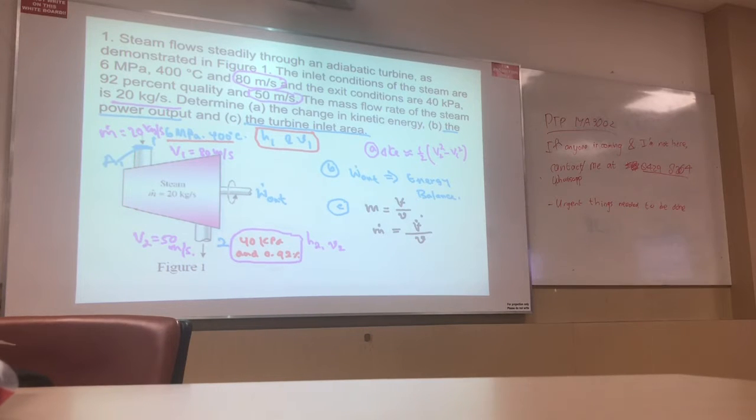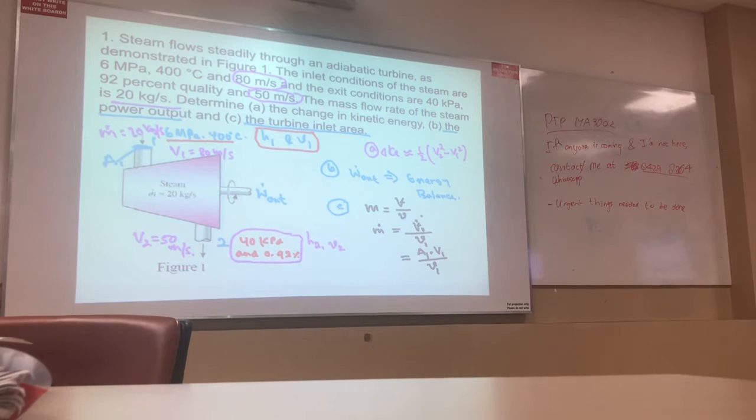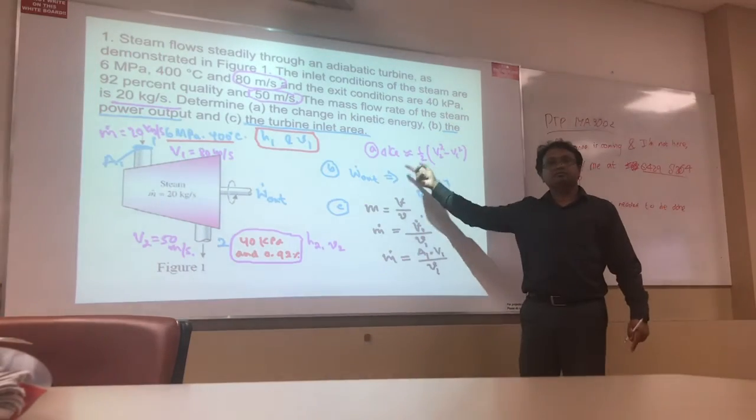So specific volume at inlet and total volumetric flow rate at inlet. What is the total volumetric flow rate? Area times velocity, divided by specific volume at state 1. This is the mass flow rate. Correct? This is the basic equation, I can write from here, very simple.